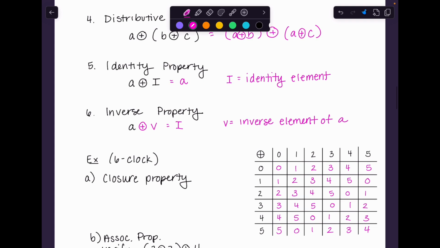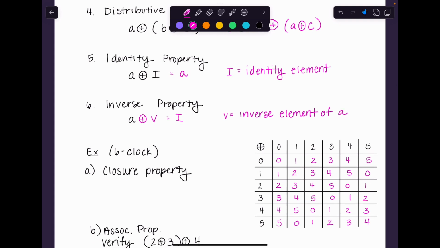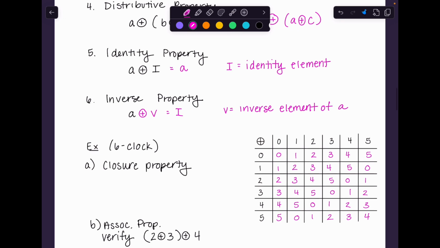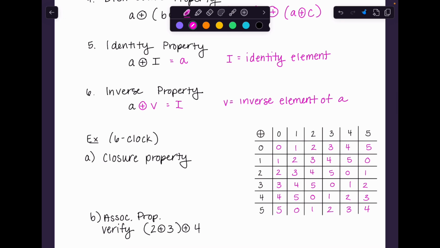So for this 6 clock symmetry, we're going to verify a couple different things. We're going to make sure all of these are in here. Starting with the closure property, what I want to make sure is that I don't have anything outside the elements 0 through 5. These are the numbers on my clock or my pedals. They should be the only things in my chart, and indeed they are.